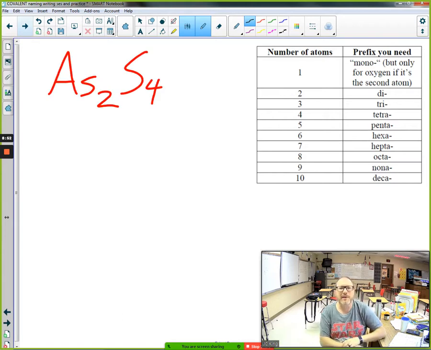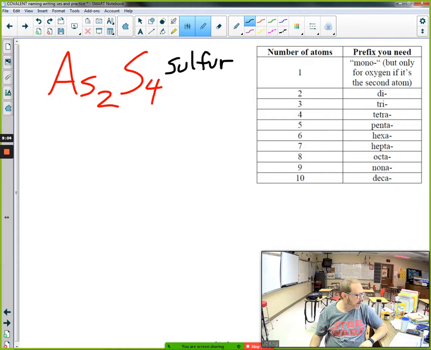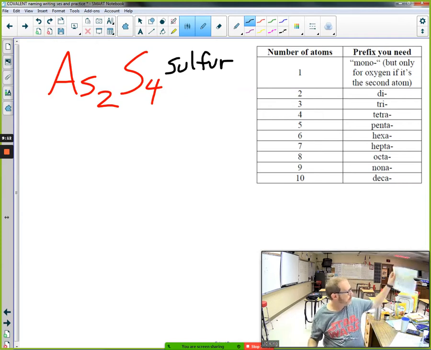This is good. So we have As2S4. Now S, you probably already know, is sulfur. But As you might need to look up on the periodic table, and actually so might I. I forget if it's astatine or arsenic. I think it's arsenic. It is arsenic.